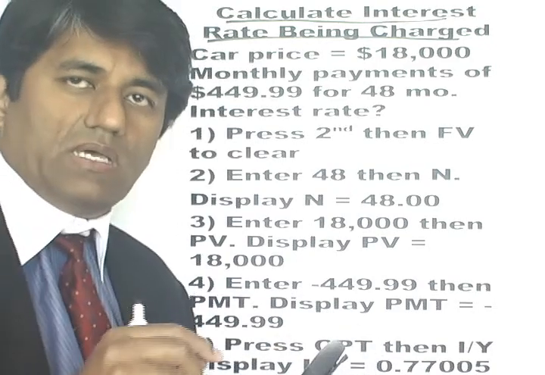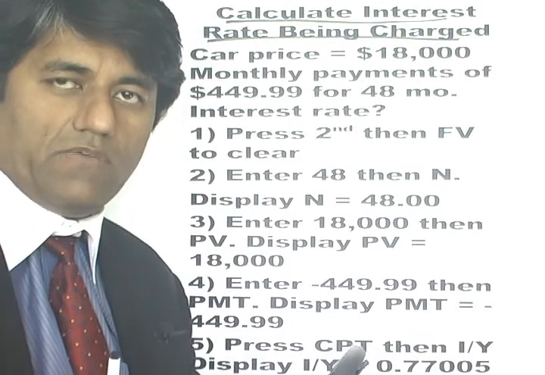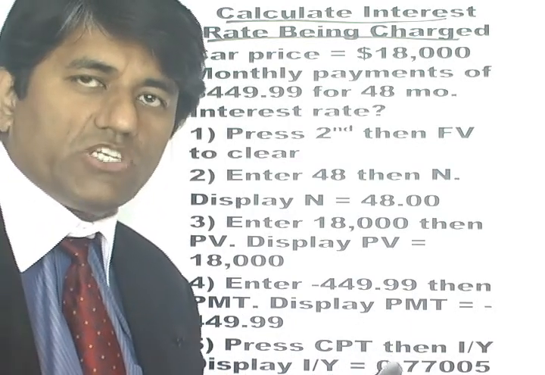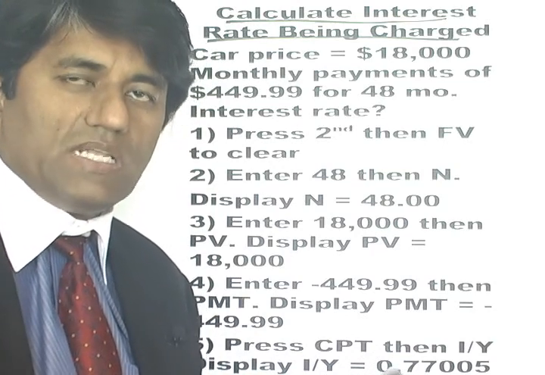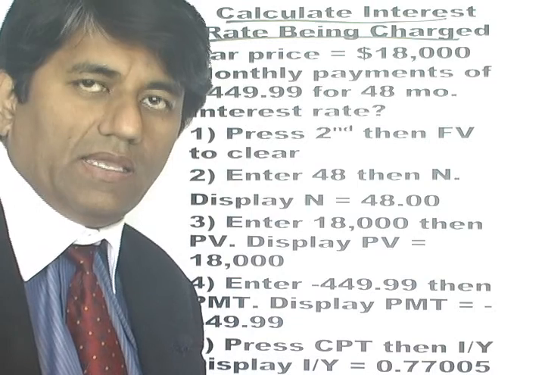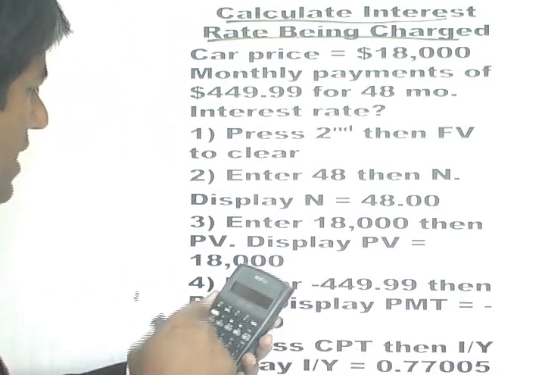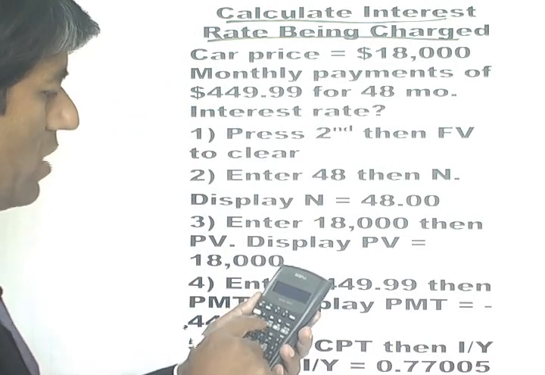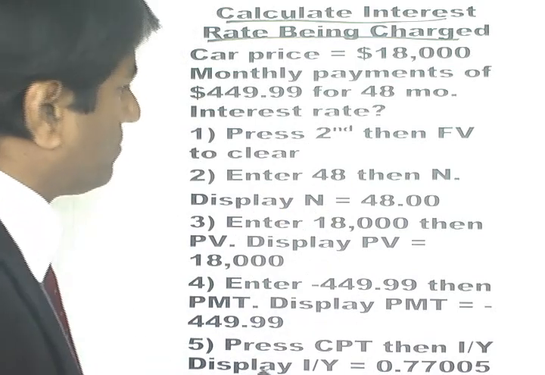You have to be careful about the sign of the number you're entering for present value, future value and payments. By convention, if you're receiving the money, you enter it as positive, and if you have to give the money, it should be negative. So you enter 18,000 and hit PV, because that is the money being given to you to purchase this car.